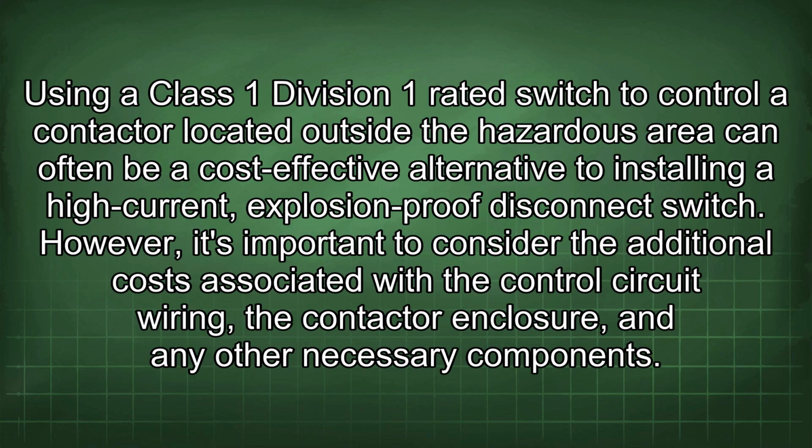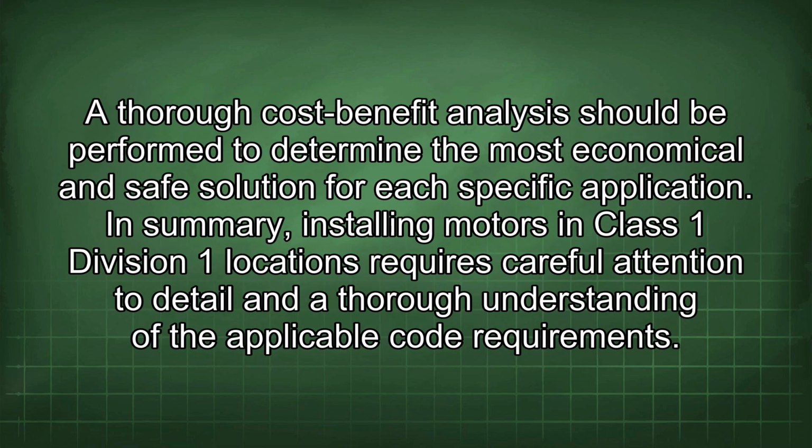Using a Class 1 Division 1 rated switch to control a contactor located outside the hazardous area can often be a cost-effective alternative to installing a high-current, explosion-proof disconnect switch. However, it's important to consider the additional costs associated with the control circuit wiring, the contactor enclosure, and any other necessary components. A thorough cost-benefit analysis should be performed to determine the most economical and safe solution for each specific application.